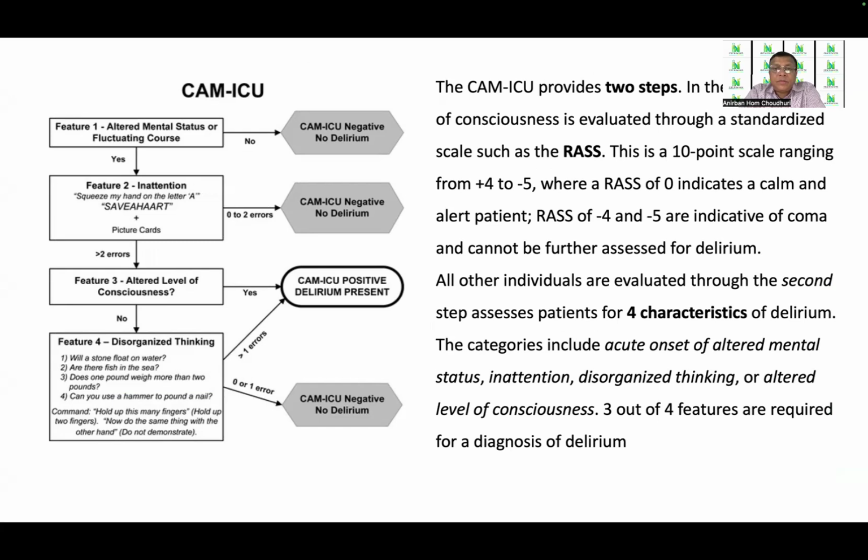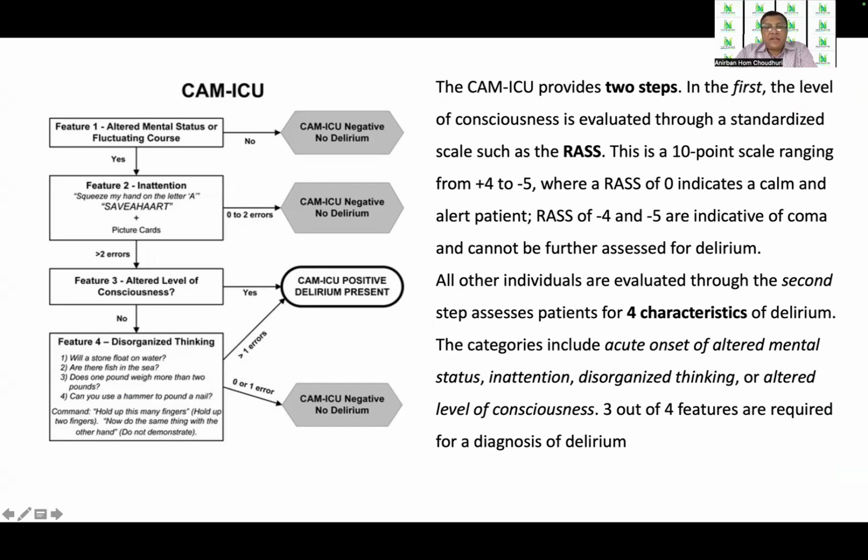The CAM ICU provides two steps, and the consciousness is evaluated in the first step through a standardized scale, that is the Richmond Agitation Sedation Scale, which is a 10-point scale ranging from +4 to -5, where RASS of 0 indicates calm and alert patients, and the RASS of -4 and -5 are indicative of coma, so they cannot be assessed for delirium. So for all other stages, that is beginning from +4 to -3, these individuals are evaluated through the second step.